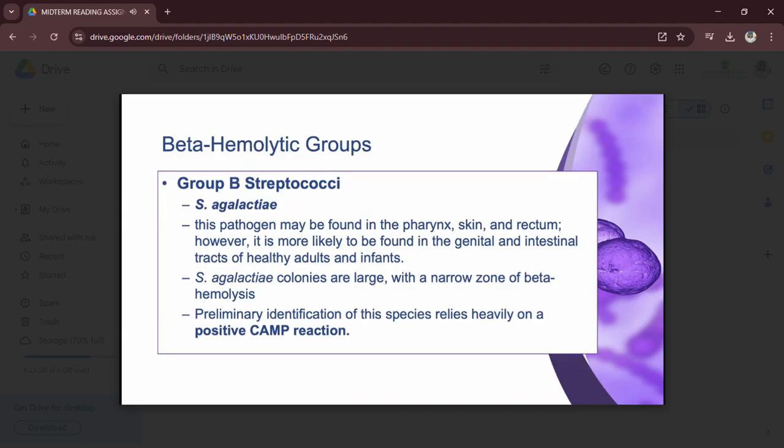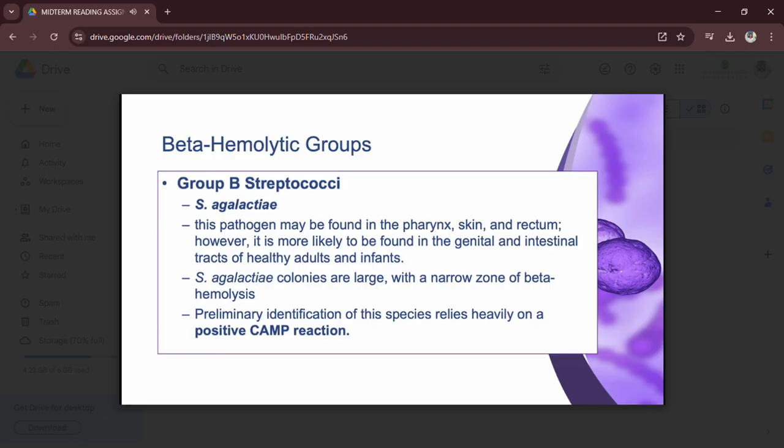Now we have your group B Streptococci, which is Streptococcus agalactiae. This organism is an important cause of serious neonatal infection which involves sepsis and meningitis.